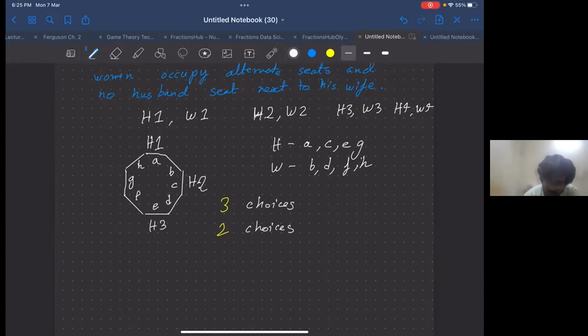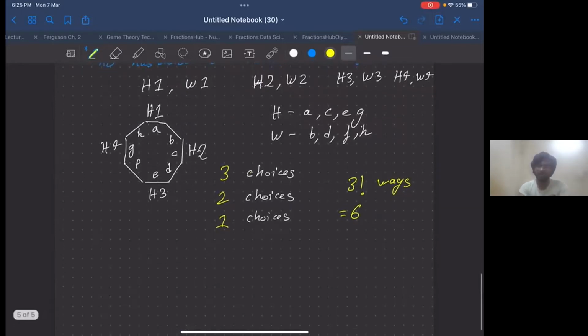So for the last one, there is obviously one choice, and that is nothing but H4. So we have a total of 3 factorial ways to arrange the husbands only. That is 6.